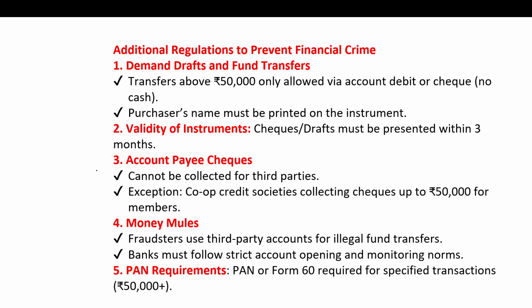Criminals may lure them, say, by advertising that if you want to earn extra money, you can contact us. You will earn, say, 1,000 per transaction done by your account. So criminals use other accounts with or without their knowledge to move illegal money. This other person is known as a money mule.